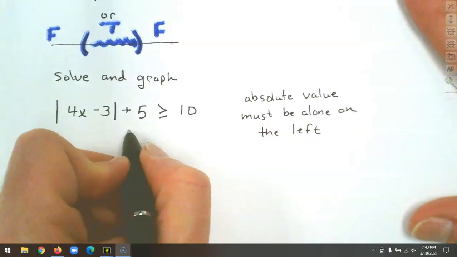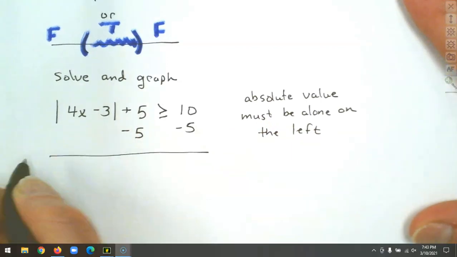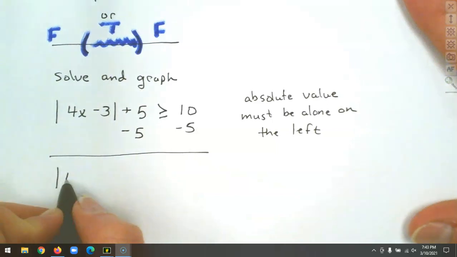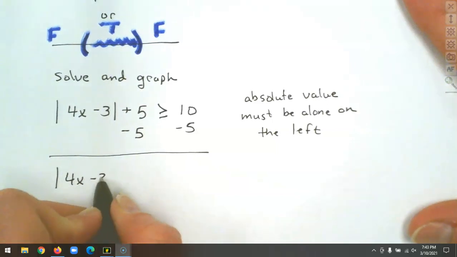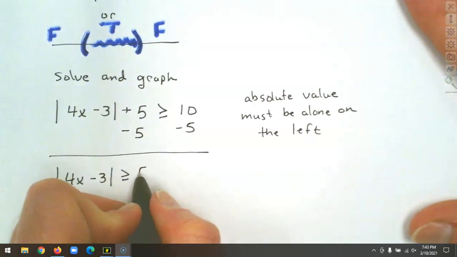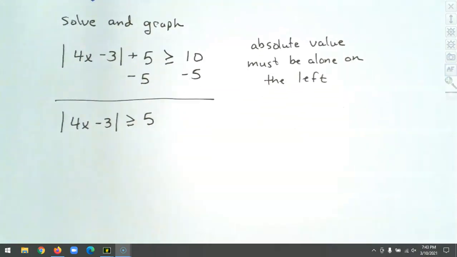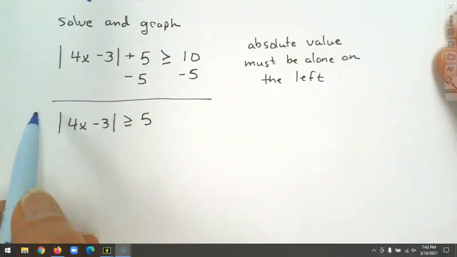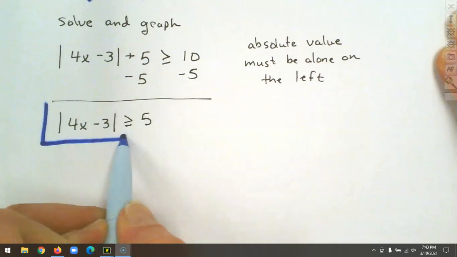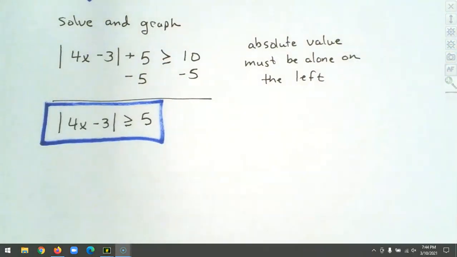So we're going to go ahead first and move that 5 over. And now we have the absolute value of 4x minus 3 is greater than or equal to 5. You might want to put a box around this because this is what we're going to be checking our solutions in. So we'll check our solution in that one.